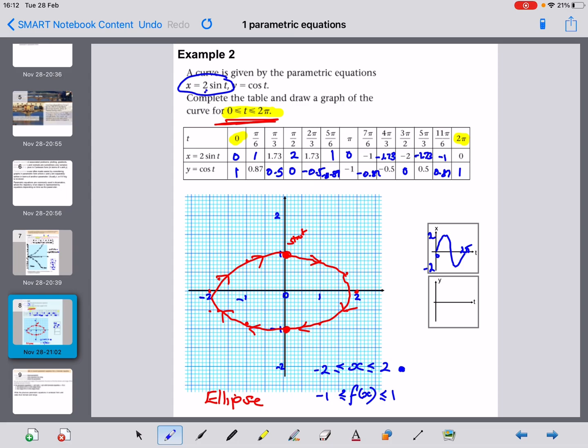Now if I consider what y equals cos t looks like, it just looks like that, from 1 to -1 and 0 to 2 pi. So t is going from 0 to 2 pi as y goes from -1 to 1. Again, we could figure this out by considering the range of the y parametric equation.